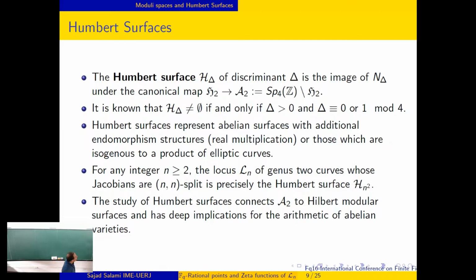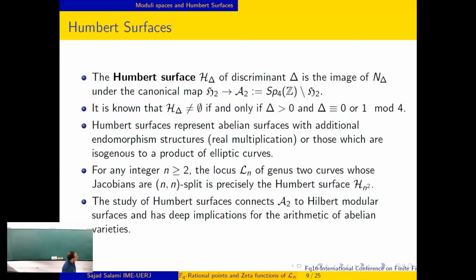Then we can define the Humbert surface H_delta of discriminant delta as the image of N_delta under the canonical map from the Siegel upper half space to the moduli space A2. It is well known that this is non-empty only when delta is a positive integer with delta equal to 0 or 1 mod 4.